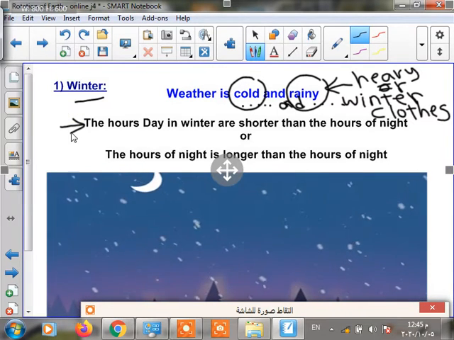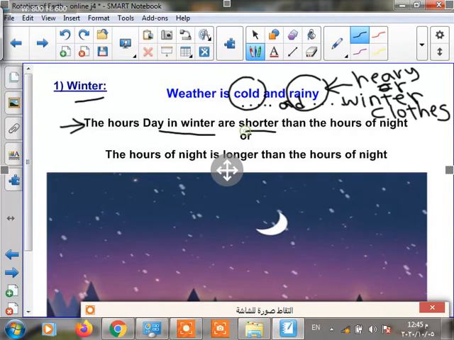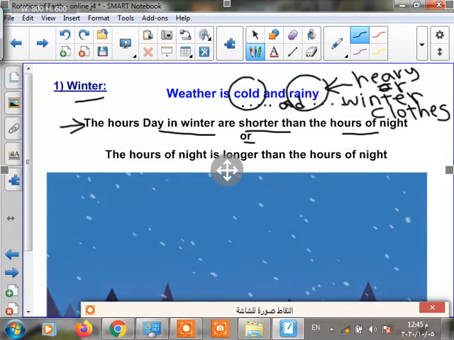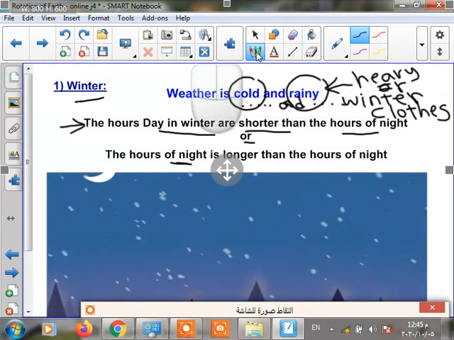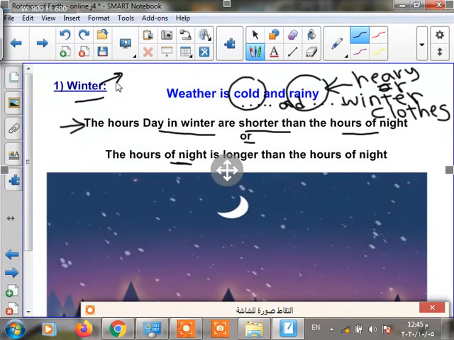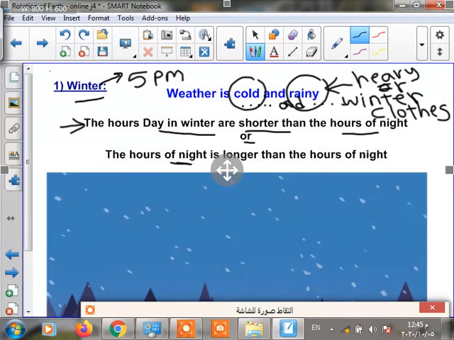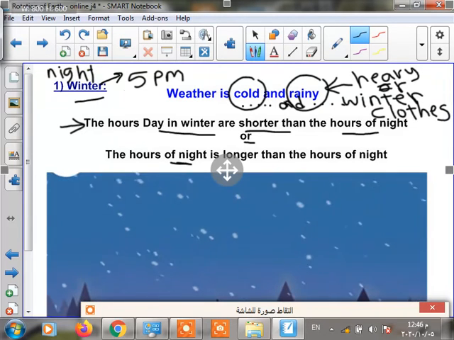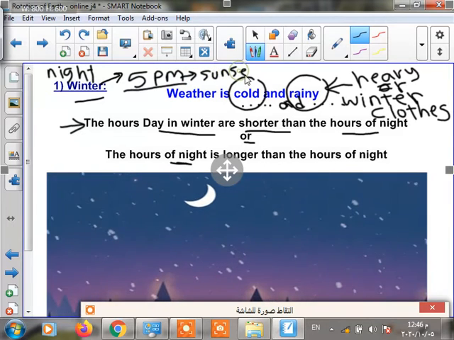Alright. The hours of day in winter are shorter than the hours of night. How was it? The hours of night will be longer than the hours of day. So we will find in winter, night comes at 5 p.m., at sunset time in winter.